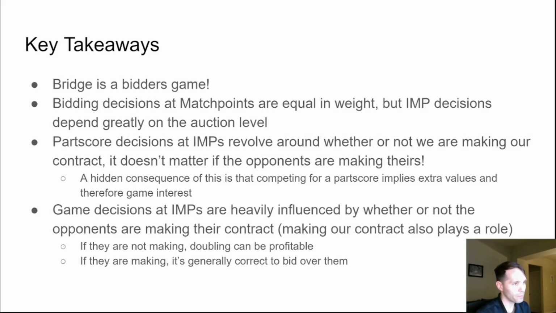But secondly, you're not really costing yourself a lot of imps. So again, like we've talked about this 500 versus 420 thing, you would have to be going down more than 2 tricks for it to really be a disaster for your side to compete over their game, as long as you're confident they're making it.